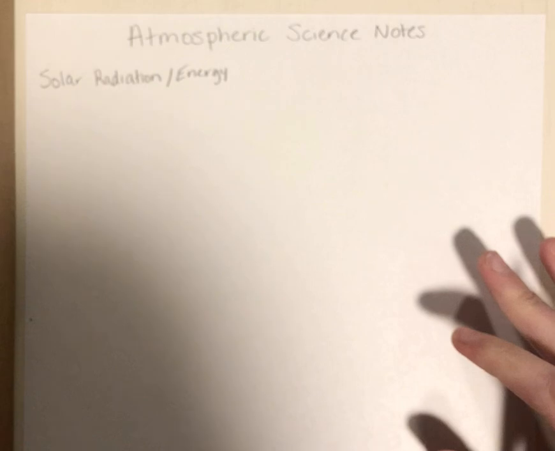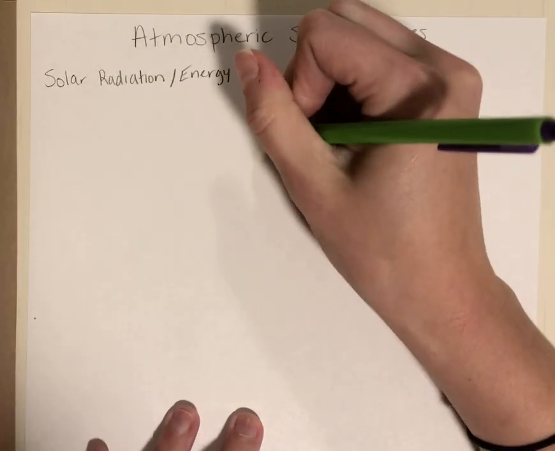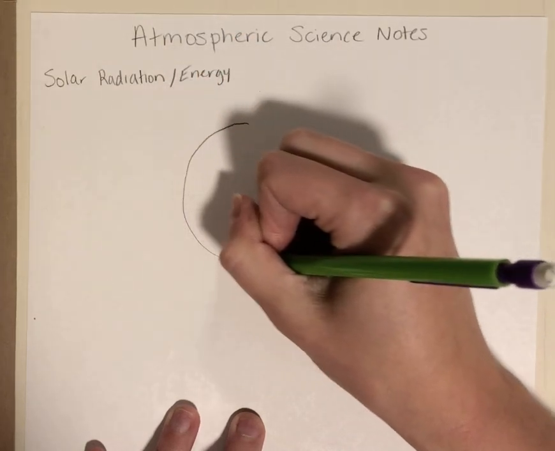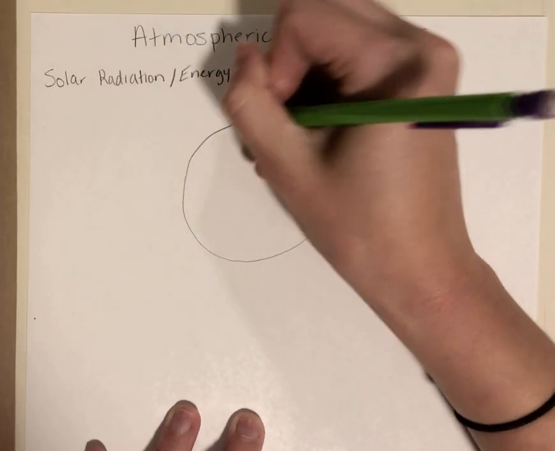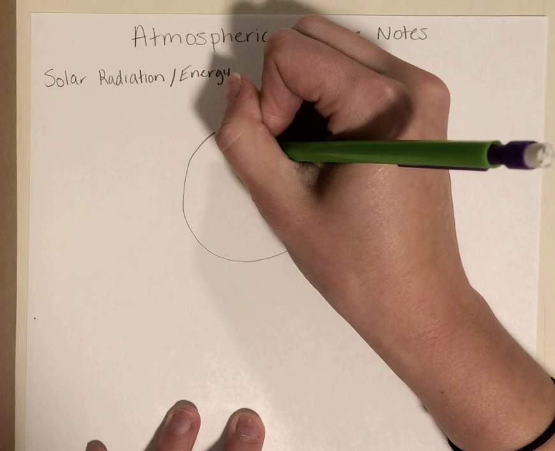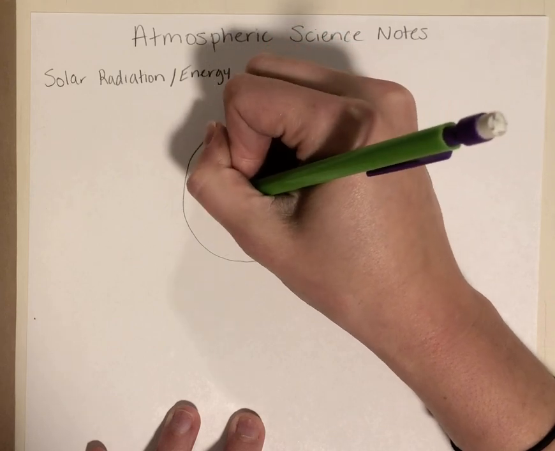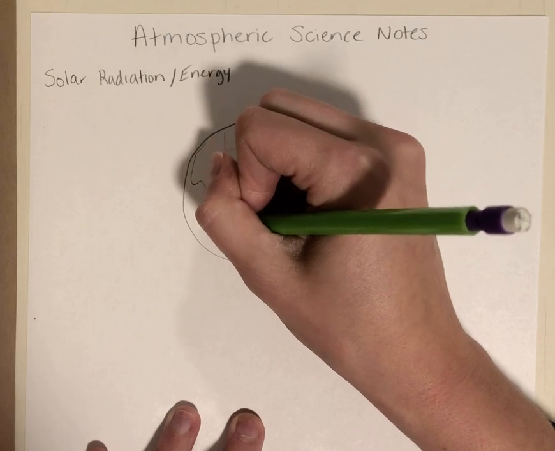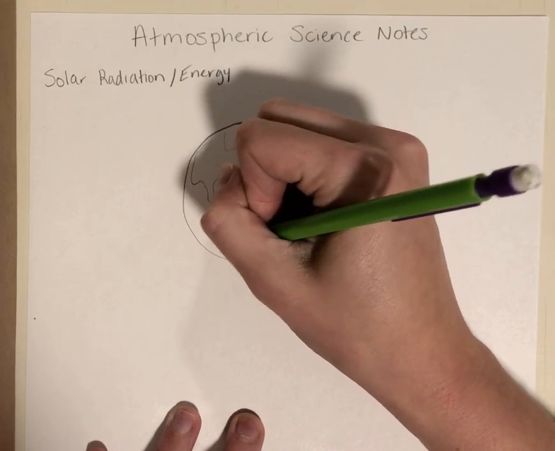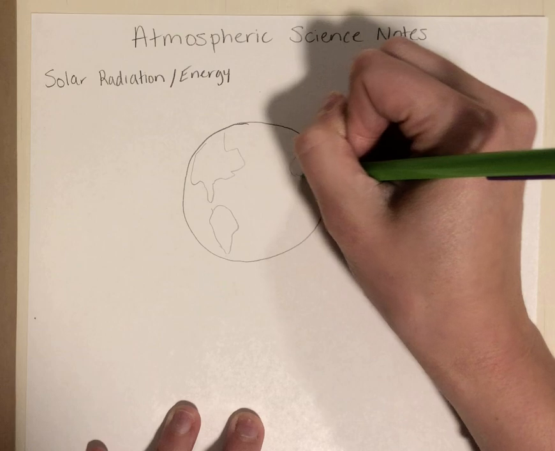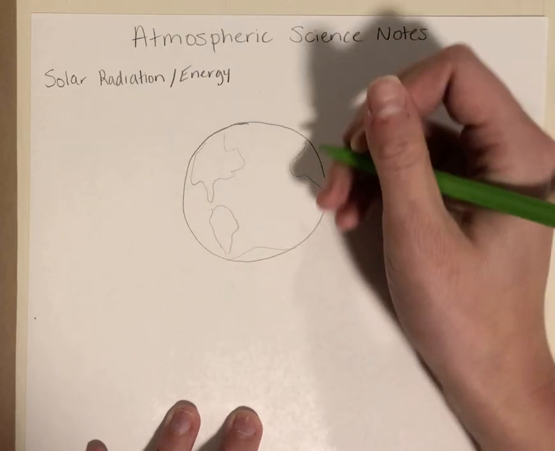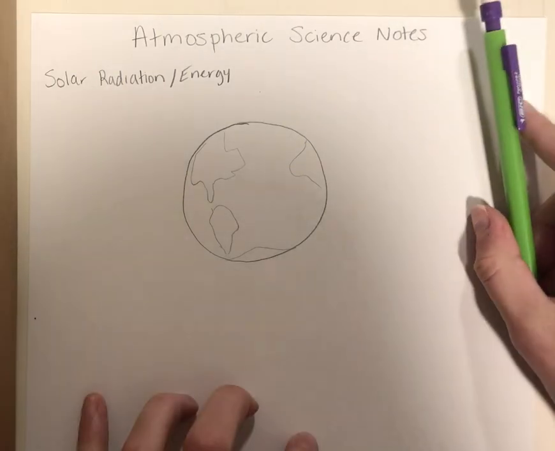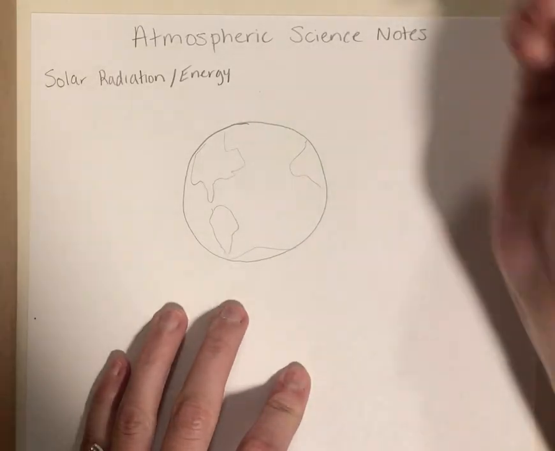Alright, so for this part, we are going to draw an Earth. You can draw your little countries on it if you want. Alright, so let's go back.